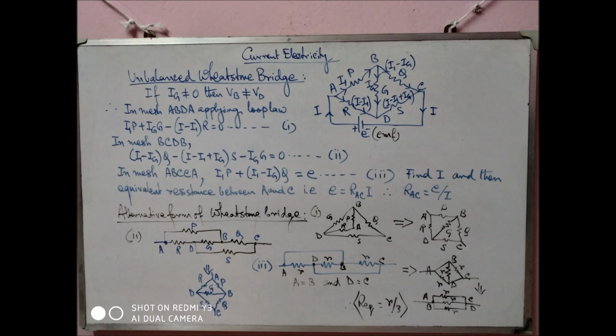So these three resistors are in parallel. So finally we are getting the answer R by 3, because very easy, 1 by R plus 1 by R plus 1 by R is equal to 3 by R, but that is 1 by R equivalent. So take the reciprocal, it is R by 3. So it is the way of finding the solution.